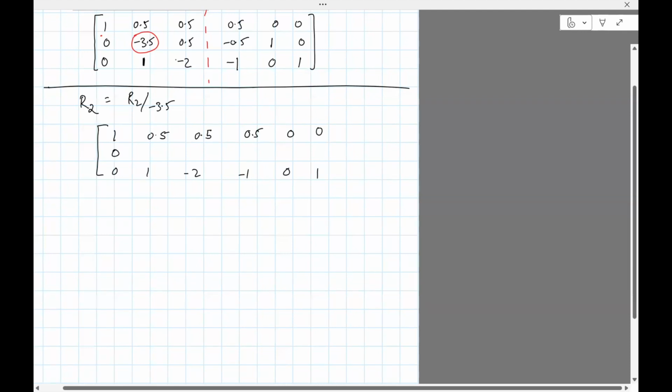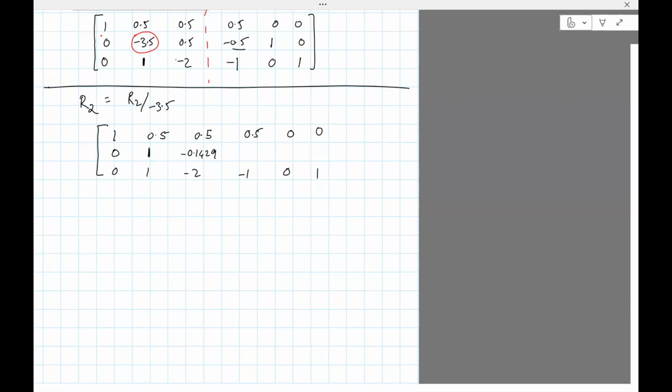Now let's work on the second row. That will be 1 by design. I need to do 0.5 divided by minus 3.5. So that's minus 0.1429. Then I have minus 0.5, the same thing, so it will be 0.1429 with a positive sign.